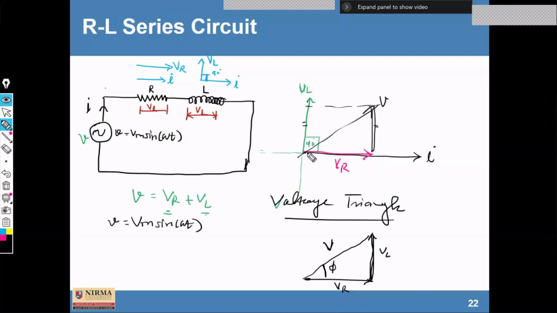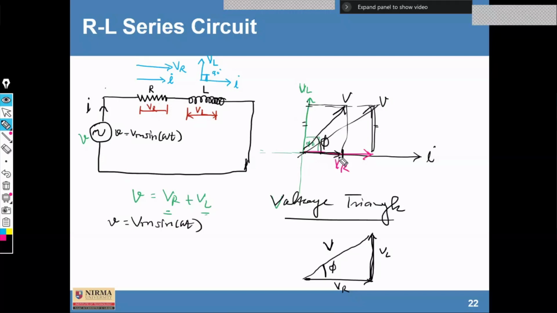So here vectors VR and VL may change, and according to that, the resultant vector is also going to change. Suppose VR is reduced here, then this would be your resultant V. In that case, the angle phi is going to increase.